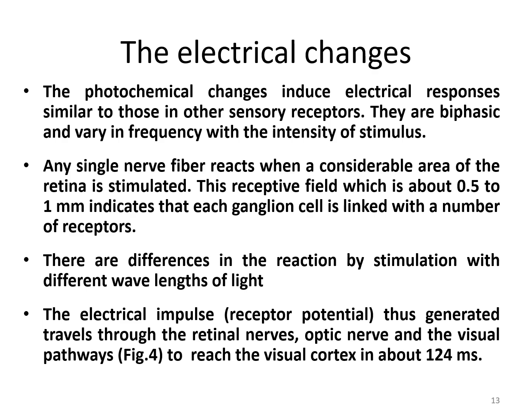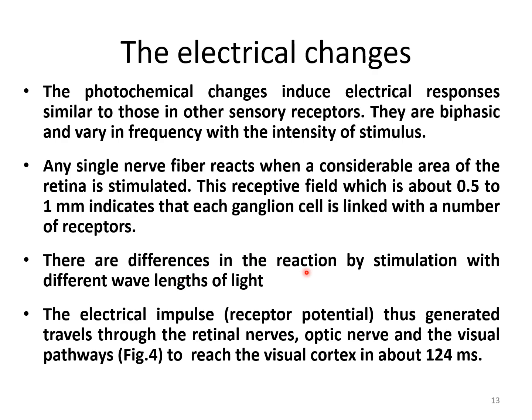The above photochemical changes induce electrical responses similar to those in other sensory receptors. They are biphasic and vary in frequency with the intensity of stimulus. Any single nerve fiber reacts when a considerable area of the retina is stimulated. This receptive field, which is about 0.5 to 1 mm, indicates that each ganglion cell is linked with a number of receptors.